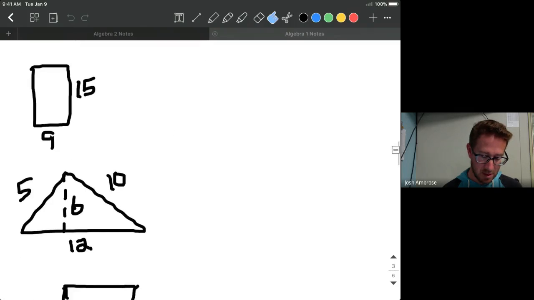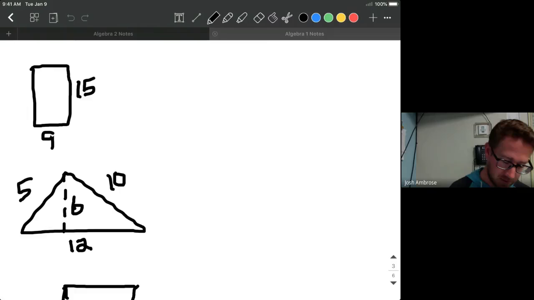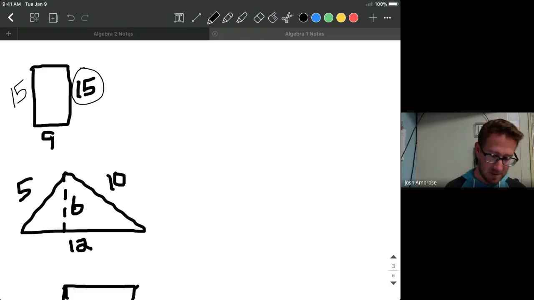First one here, we're looking at a rectangle. Okay, so we have one side is a 15 and another side is a 9. And if we are just asked to get perimeter, what you can guarantee yourself is that the opposite sides of these guys will be the same. So in other words, if I see a 15 right here, then I know that opposite that, there's going to be another 15 right there.